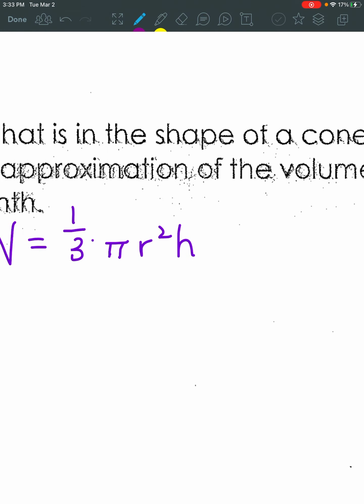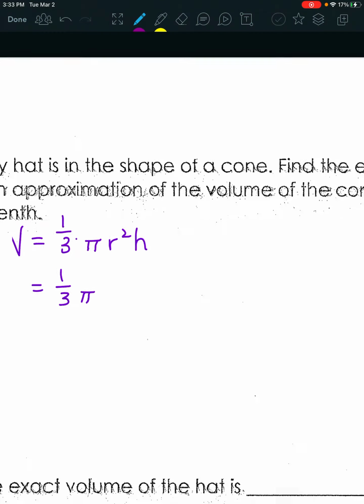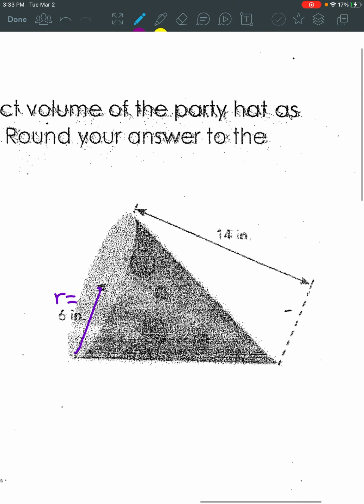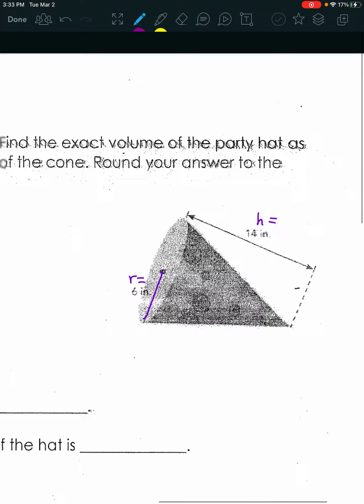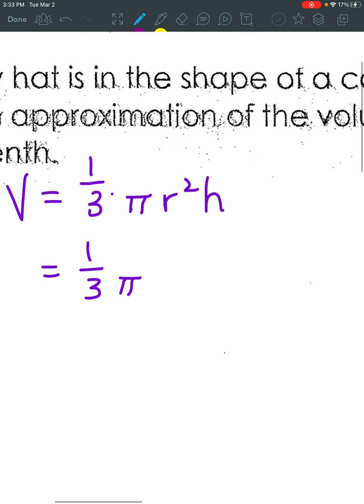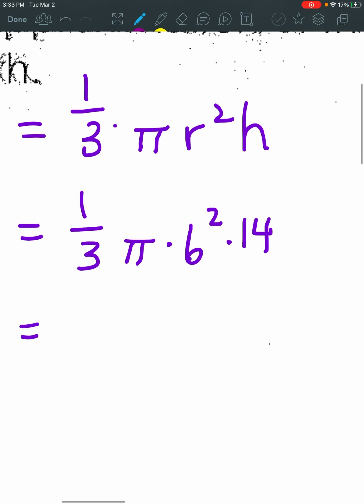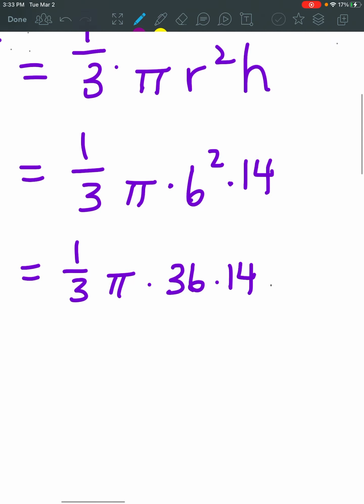In this example, we're going to replace the radius with 6. It is off to the side here. And then the height is 14. So we'll do 1/3 times pi times 6 squared times 14, and take it step by step. We've got 6 squared is 36.